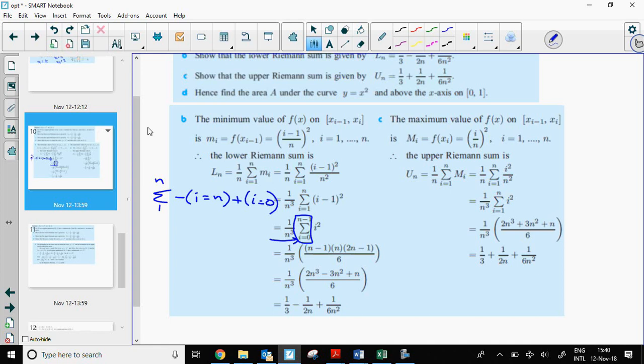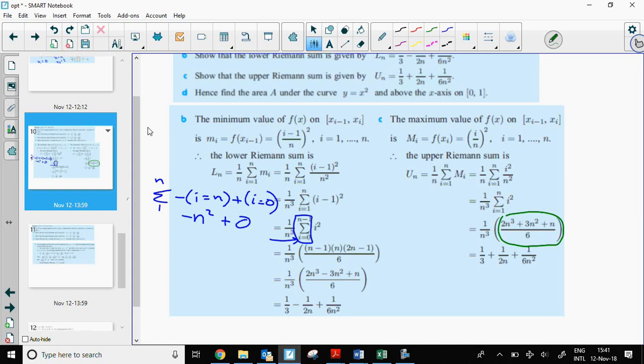So when i is equal to n, in this case, that's just going to be n squared. So I'm going to subtract an n squared. And then when i is equal to 0, that ends up just being 0. Let's see if that works. Over here, that is the sum from 1 to n.